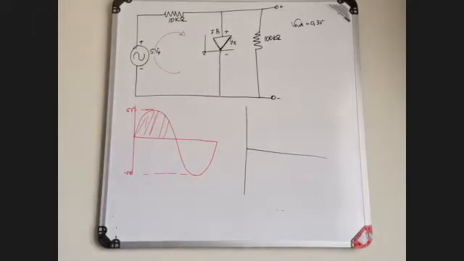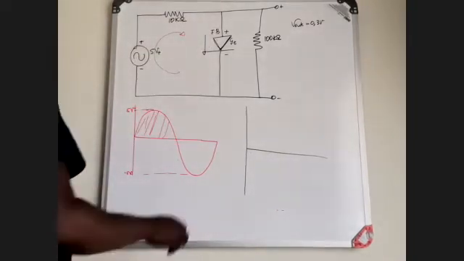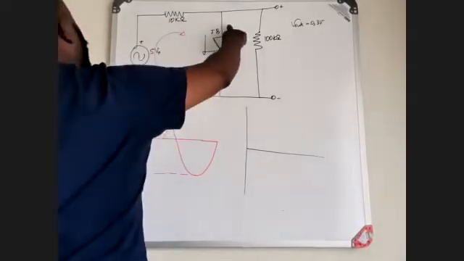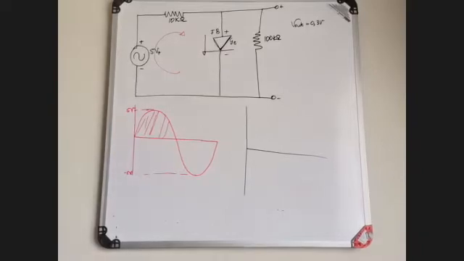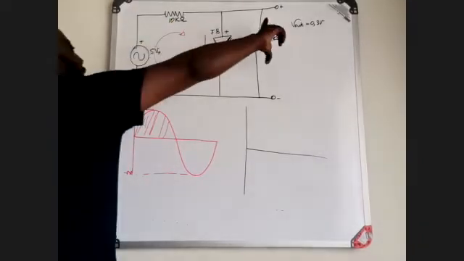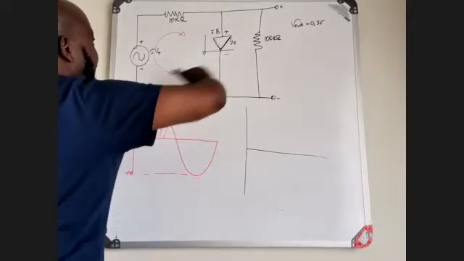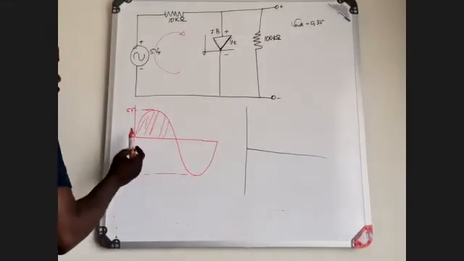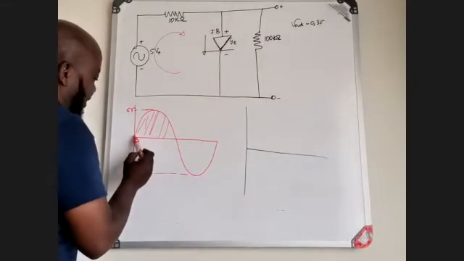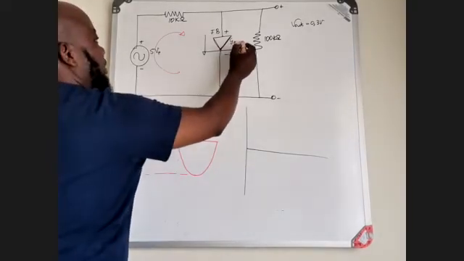Because the current is moving in that direction, I've got a voltage drop here and also there, but I am measuring the voltage across this component here, because this is your main component. So it will start oscillating from 0 up until this gets to be switched on.